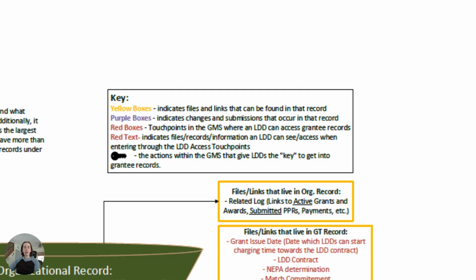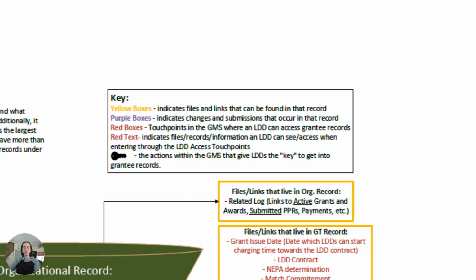When we're looking at this diagram, keep in mind that yellow boxes indicate files and links that can be found in that record. Purple boxes indicate changes and submissions that occur in that record. Red boxes are the touch points in the GMS where an LDD can access grantee records.